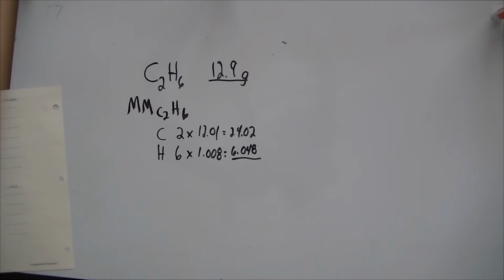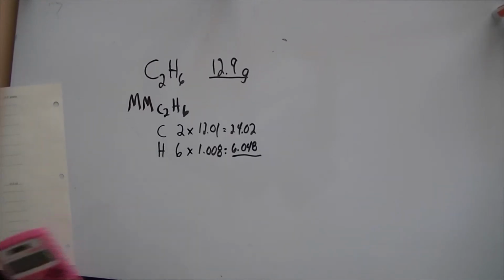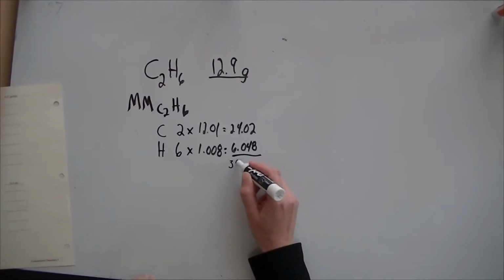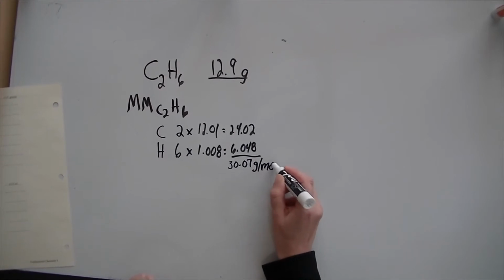So I need to add those two numbers together. So 24.02 plus 6.048. Okay. So I get 30.07. And the units on that are grams per mole.